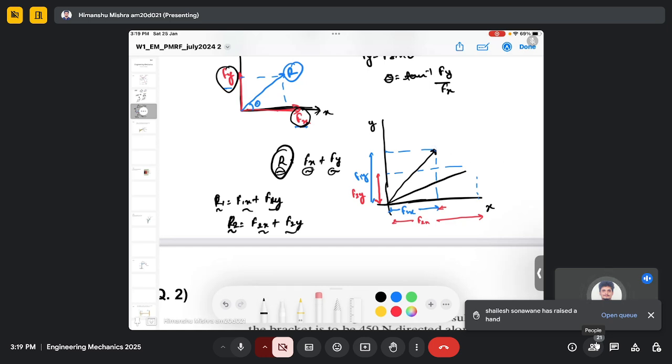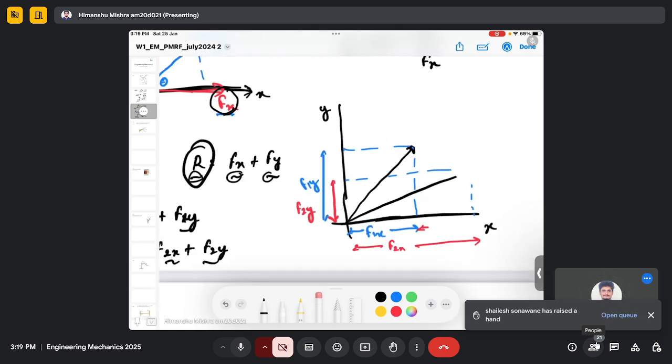So let me just revise this. This is F1, this is F2, and this is R. So here the resultant will be F1 plus F2.